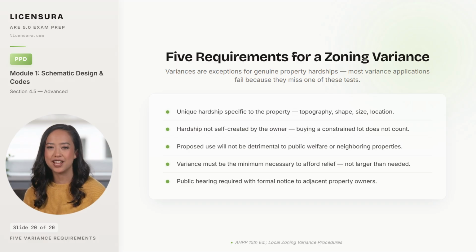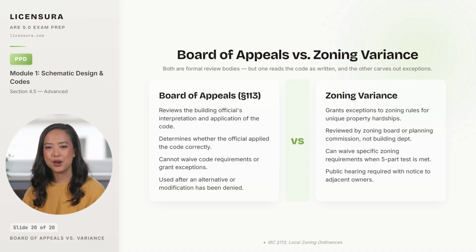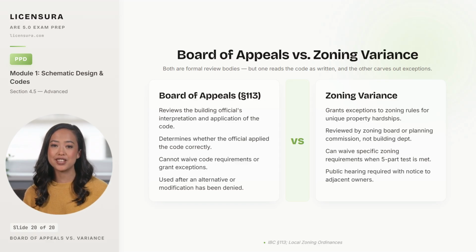The Board of Appeals and a zoning variance look similar from outside, but serve entirely different functions. Both involve formal bodies reviewing project-specific requests, and architects routinely confuse the two. The Board of Appeals, under Section 113 of the IBC, exists to review the building official's interpretation and application of the building code.